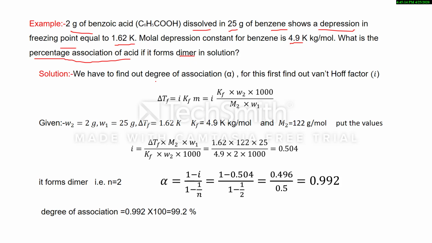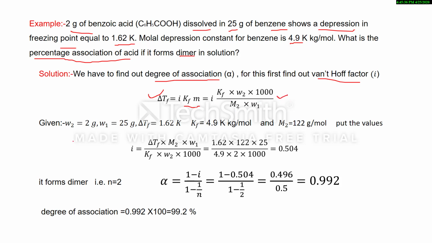Now in this case, we have to find out the degree of association. And for this, first we'll find out the Van 't Hoff factor i. We will use the modified equation for colligative properties: delta Tf is equal to i Kf m. And if m is w2 into 1000 divided by M2 into w1.